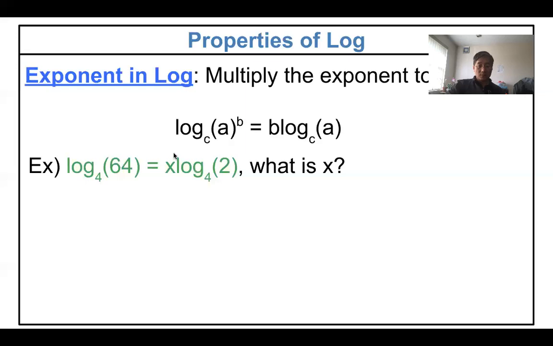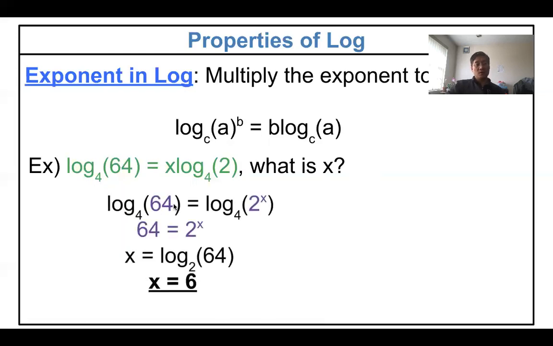Multiplication in front of the log, you can change to the power. So like this, log 4 of 64 is equal to log 4 of 2 to the x power. Then we know that 2 to the x power is equal to 64.